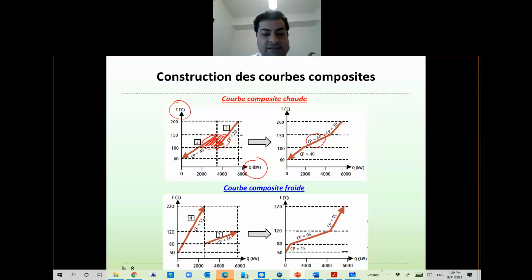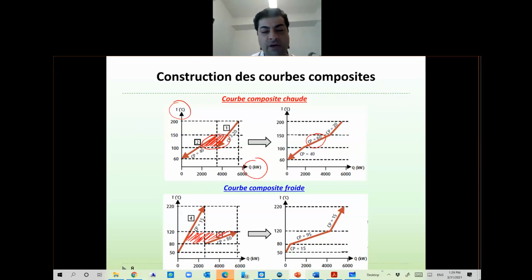So you can see that stream number 3 and stream number 4 are shown on the temperature enthalpy diagram on the left bottom corner. And again, you can see that these two streams have overlap here. In fact, stream number 3 is completely overlapping with stream number 4.